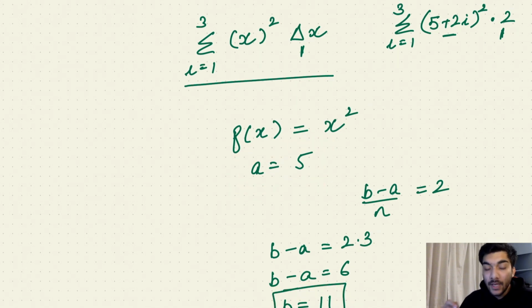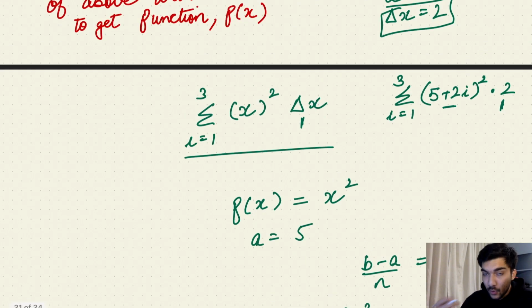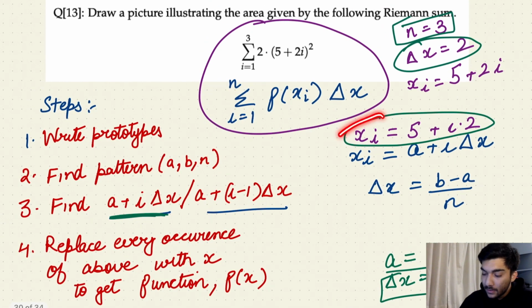But in addition to everything else, I also have to consider one important fact, that when I was taking xi, since I took xi to be a plus i delta x, this is my expression for a right hand Riemann sum, and this is the fact that I'll have to consider while drawing the sketch of the area given by my following Riemann sum.